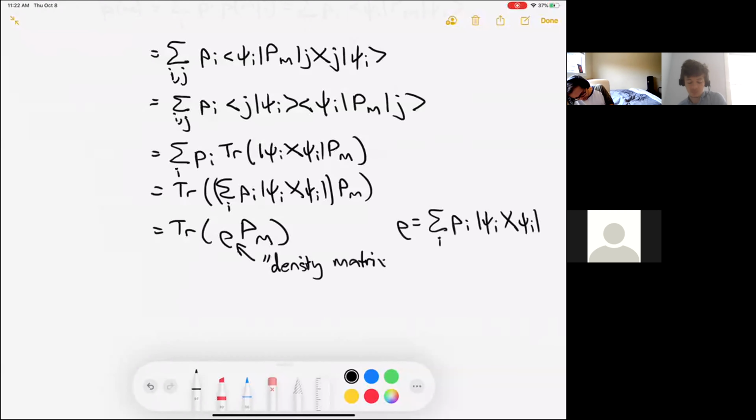Would the sum over I of ket psi I times bra psi I also be the identity? Yes, if you didn't have, well, not necessarily. That depends on whether the psi I's are an orthonormal basis. If these psi I's were an orthonormal basis and you didn't have the pi there, then that would indeed be the identity, right?